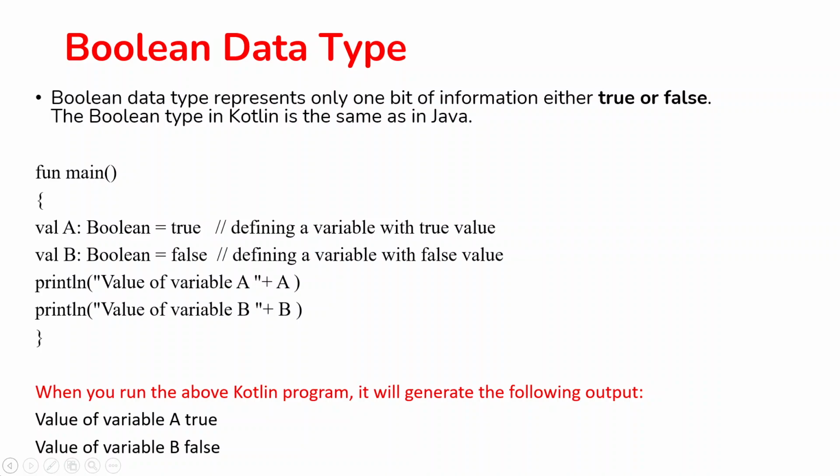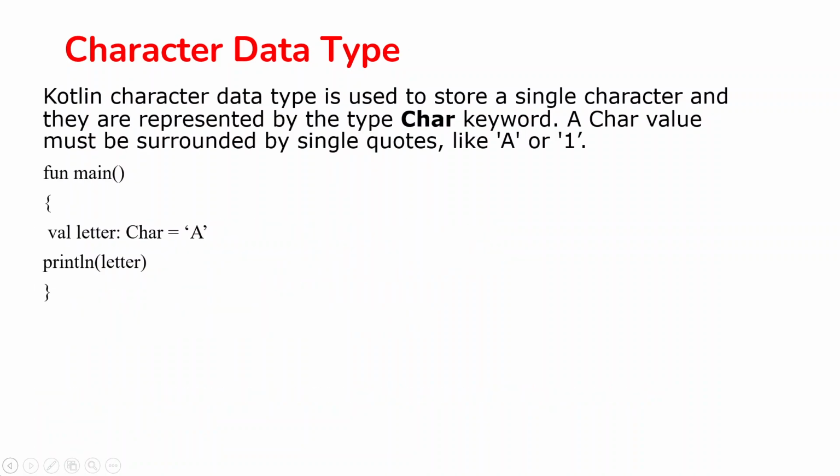Hope you understand. Now we will talk about another primitive data type, that is char. The Kotlin character data type is used to store a single character. If we want to store a single character, then we use the char data type, represented by the char keyword. A char value must be surrounded by single quotes, like 'a' or '1'.